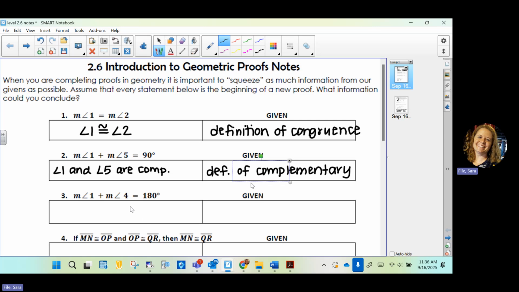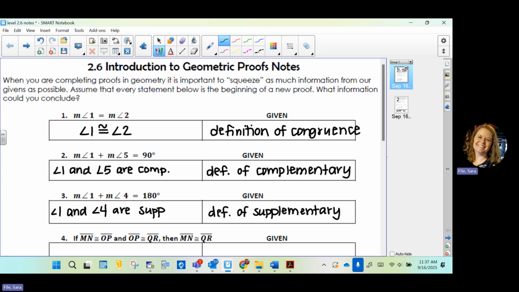All right, what about if the two measures of angles add to 180? What's that? Supplementary, however you prefer to say it. Okay, so we're going to use the definition of supplementary to just say that angle 1 and angle 4 are supplementary.